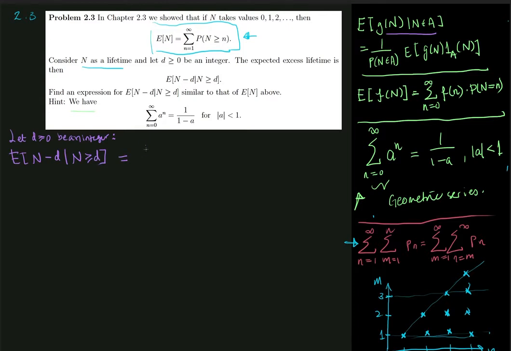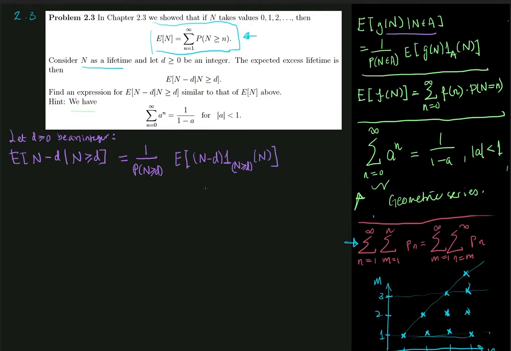So we need 1 over the probability of the event we condition on, which is n greater than or equal to d. And then we multiply this with the mean of the quantity we're interested in, restricted to the set that we condition on, so restricted to n being greater than or equal to d.